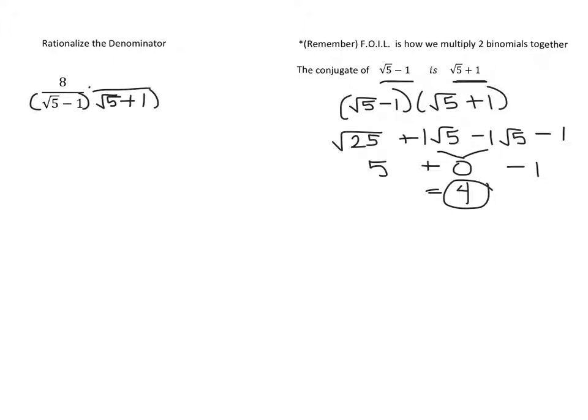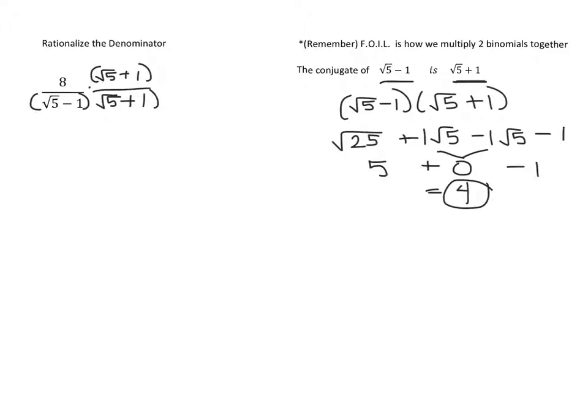So since it's minus 1, we're going to use plus 1. And whatever you multiply the bottom of the fraction by, you must multiply the top, otherwise known as the numerator. Remember, this is like multiplying by the number 1, and the ratio of our fraction has not changed.